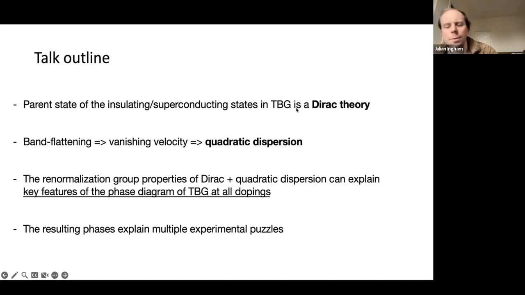And if we imagine that the flattening of the bands causes the velocity of these Dirac fermions to be small, so that their dispersion is quadratic rather than linear in some range of energies, then this simple assumption has the power to synthesize and explain a surprisingly vast array of the experimentally observed phenomenology. In particular, I'm going to suggest that the phases predicted by the quadratic Dirac theory suggest some possible explanations of existing puzzles.